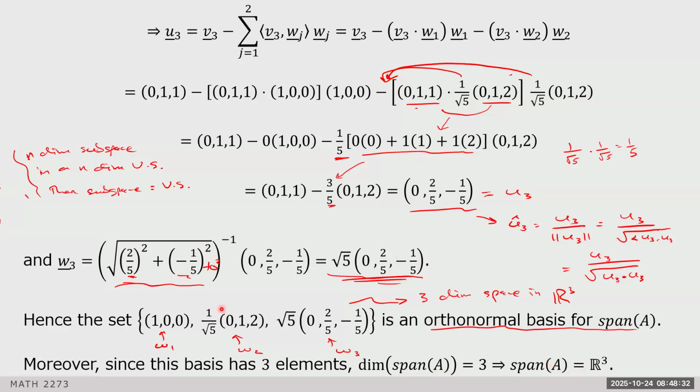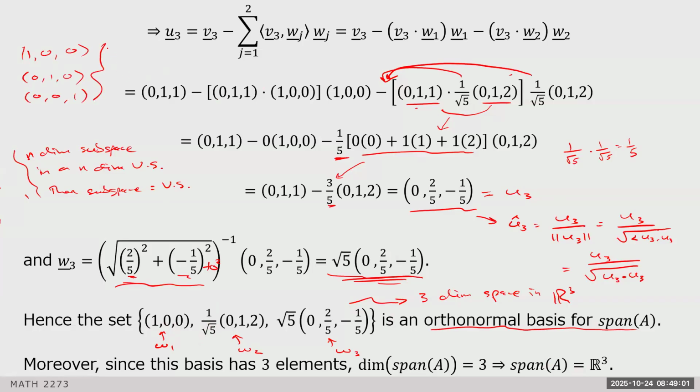Right? So R cube already has an orthonormal basis, the standard basis: 1, 0, 0; 0, 1, 0; and 0, 0, 1.